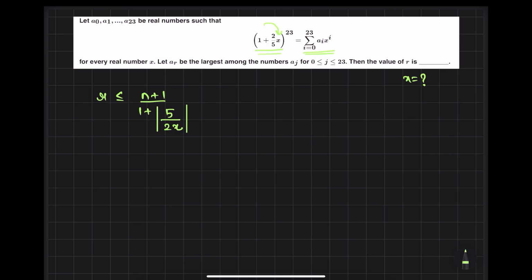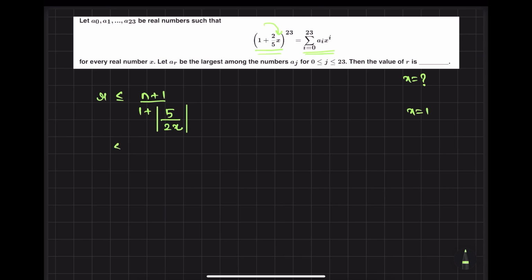If x takes some value, then it can influence the term. But if x takes 1, then it will never influence any term, correct? If it is 5, then it can influence exponentially, correct? So what I will do, I will replace x with 1.